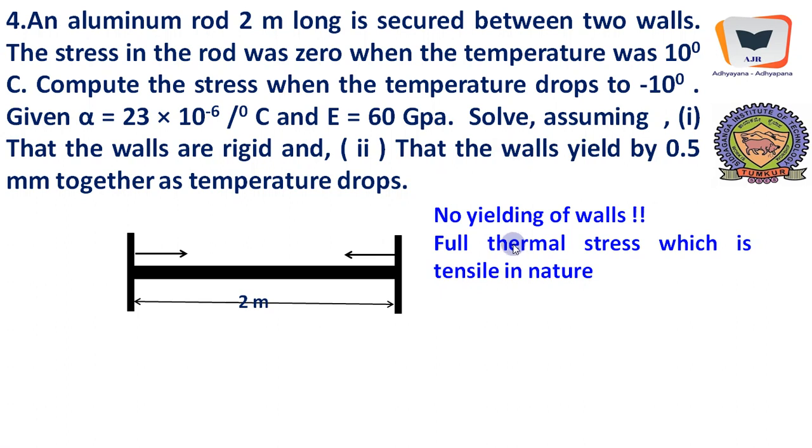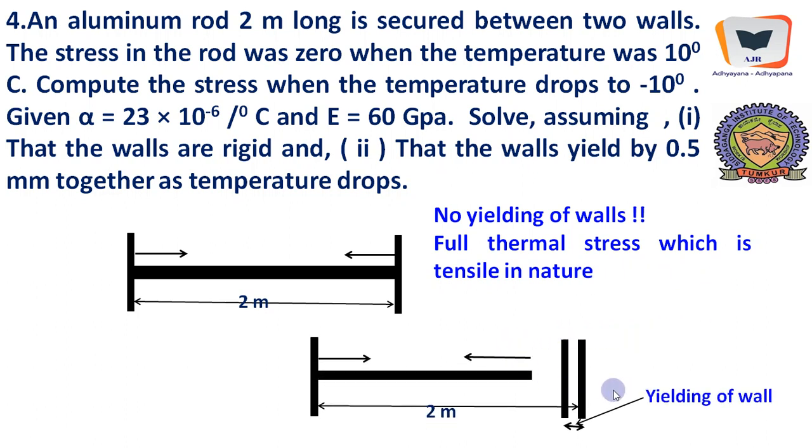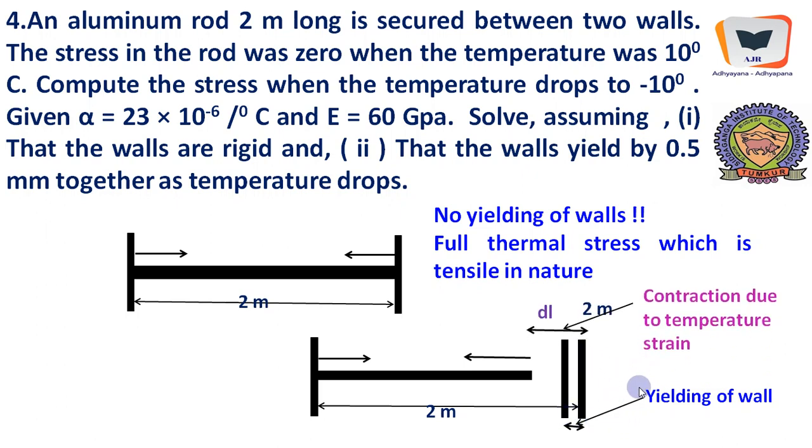If the case is 1, where the walls are not yielding, full thermal stresses will be developed, which is tensile in nature. And here this is the thermal strain that is going to happen, but in the second case it is allowed to contract by yielding of the wall. That is, the wall will also move in this particular direction to an extent of 0.5 millimeter, and this is contraction due to temperature strain.